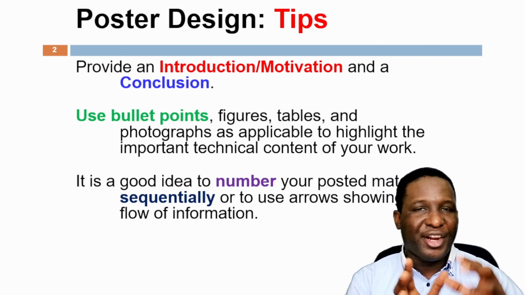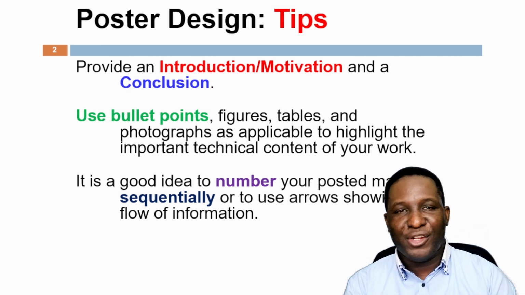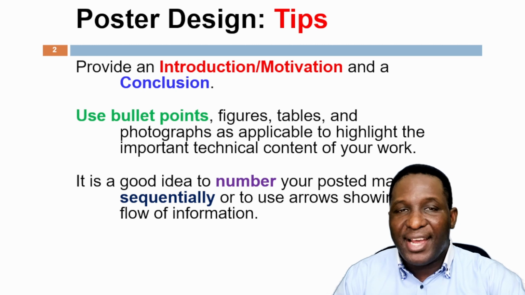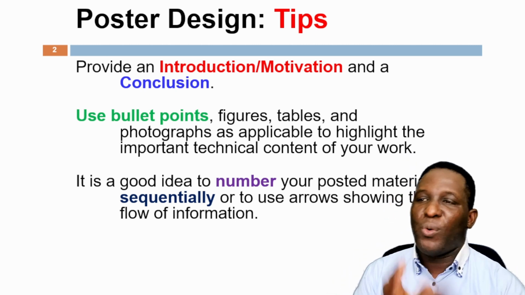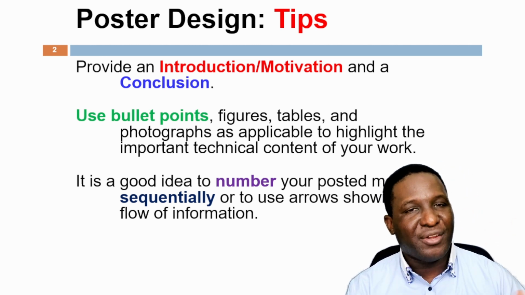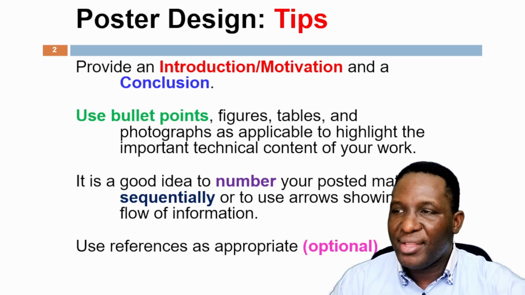Either you number or rather use blocks to capture ideas that you are going to present in the poster. And I would suggest that if your poster material is sequential, you can use arrows to connect ideas together or all those kinds of things. But we're going to explore how we're going to do it in Microsoft Word.